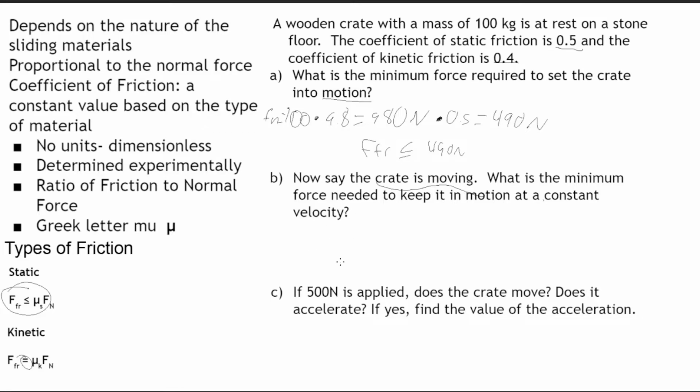If we take a look, we're going to do the same thing, really, and it's not really changed. It's just instead of using 0.5 as our static, we're using 0.4. So we'll do 980 times 0.4, and whatever that is must be equal to the force of friction, or else it isn't true. 980 times 0.4 is about 392 newtons, or if we rewrite it, the force of friction is equal to 392 newtons.